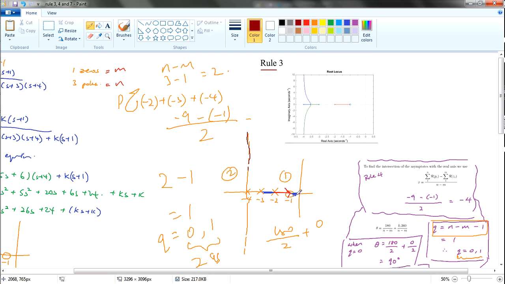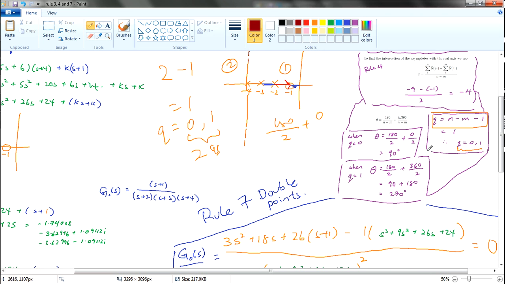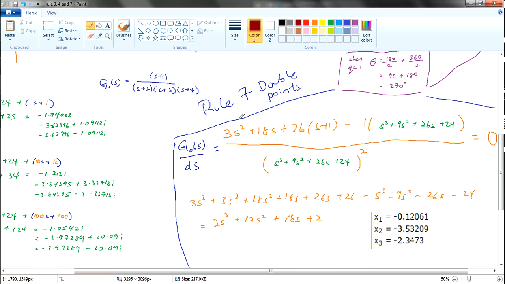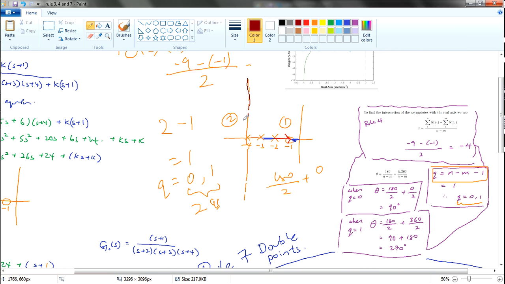Everything to the right with an odd number of poles or zeros is always not in the root locus. That's all I want to say. This is rule 3. Then rule 4 is simply to find the asymptotes, the number of asymptotes and the angles of asymptotes. All about asymptotes. And then rule 7 is when you have double points.